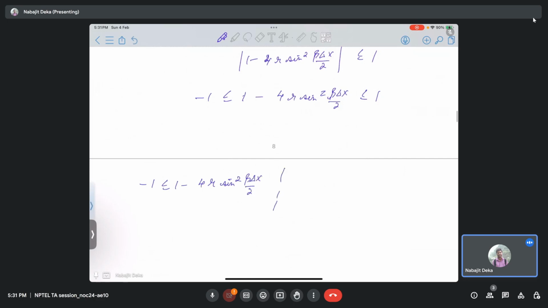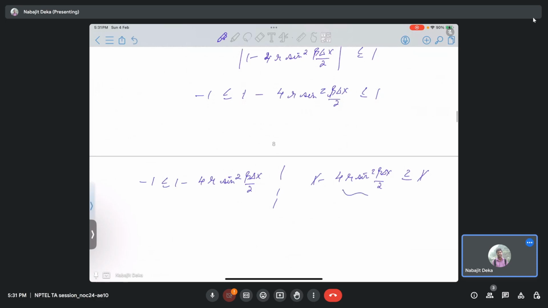Now if we take the two inequalities, let's take the left inequality, 1 minus 4 r sine square beta delta x by 2. Here the other term is anyway greater than 0, so this inequality will always hold, since sine square beta delta x by 2 will be greater than 0.